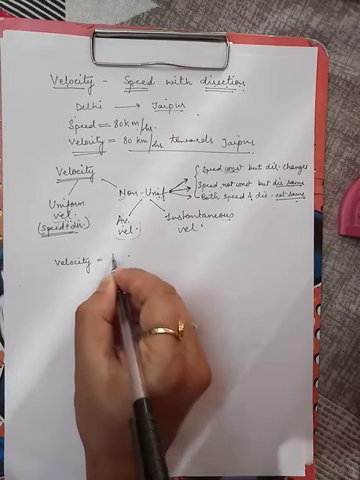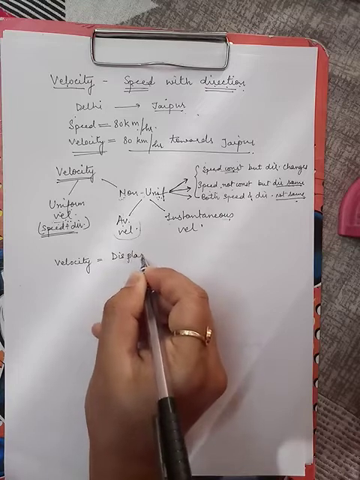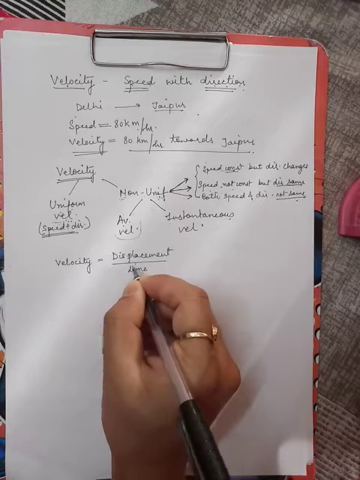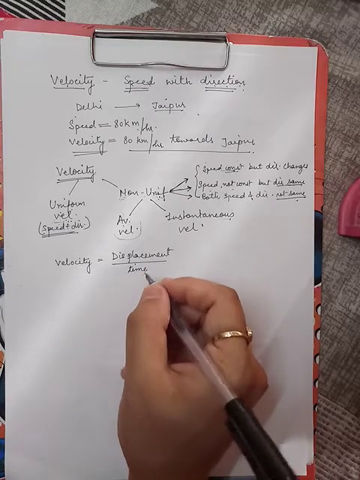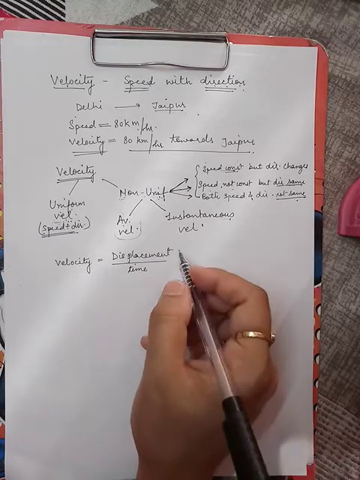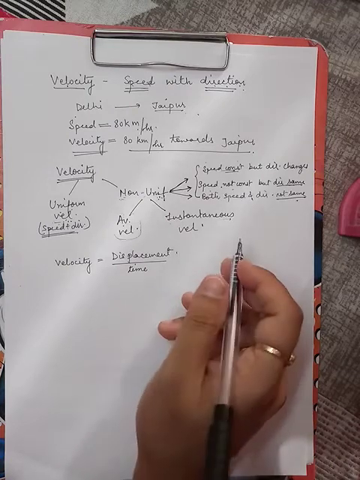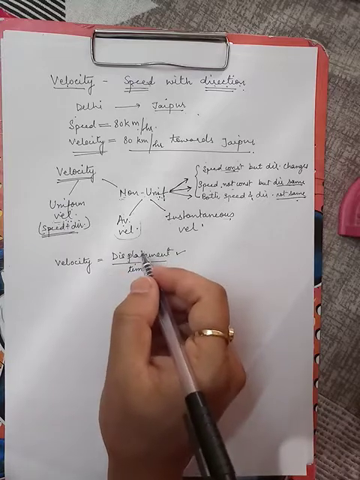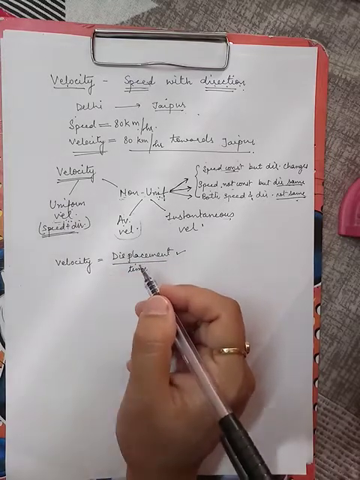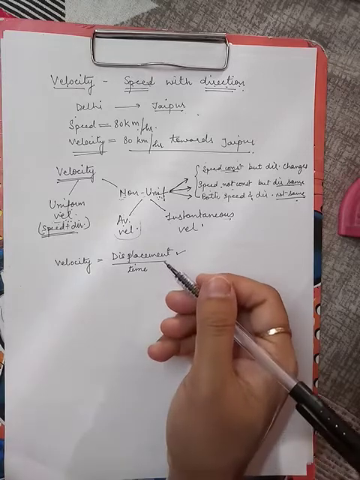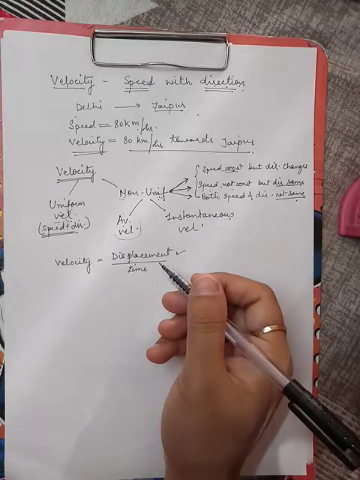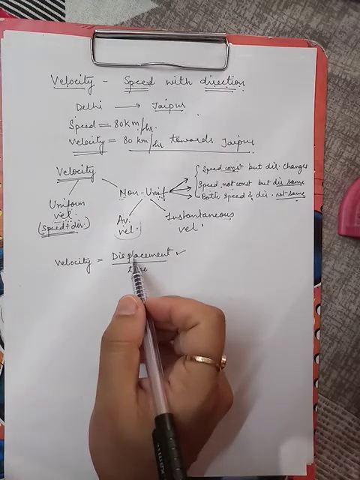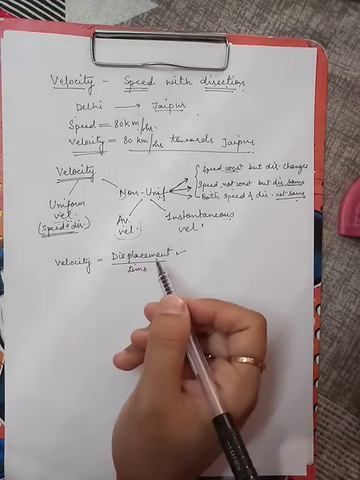Velocity is nothing but displacement divided by time. It is not distance divided by time, it is displacement divided by time. Why? Because corresponding to distance, displacement is a physical quantity which is having direction, or which is a vector quantity, that we have understood in the previous lecture. Okay, so in the place of distance, displacement is specified with the direction.